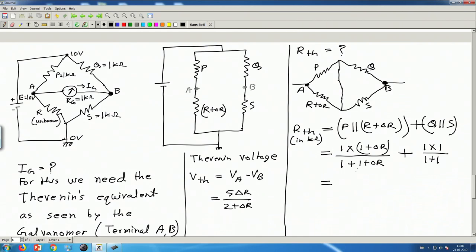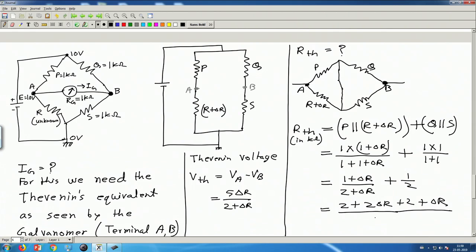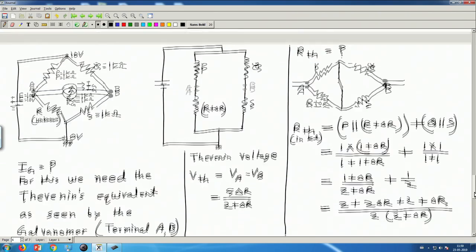Okay. So this comes out to be 1 plus delta R divided by 2 plus delta R, plus this is half, and then this will become 2 plus 2 delta R. So check my calculations and please correct me if I make any mistake. 2 plus 2 delta R plus 2 plus delta R whole divided by 2 times 2 plus delta R. So this is the Thevenin resistance.